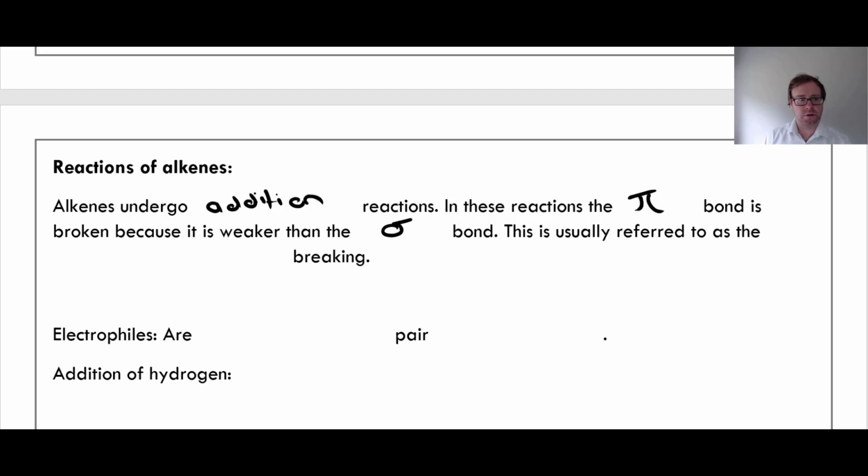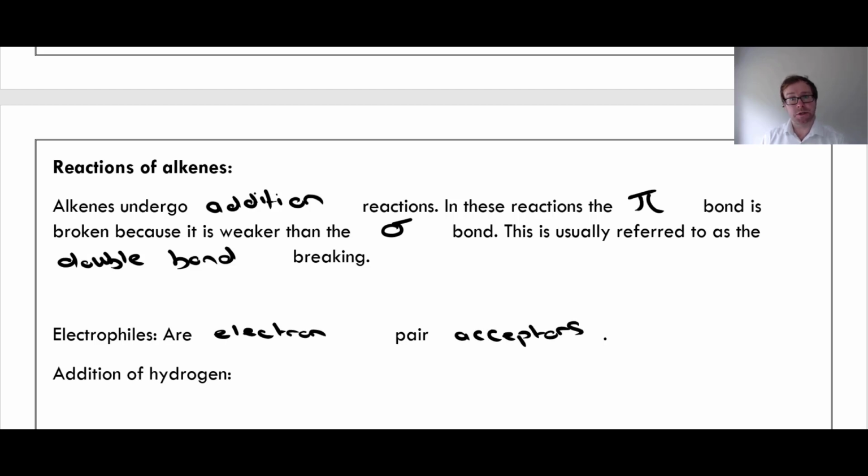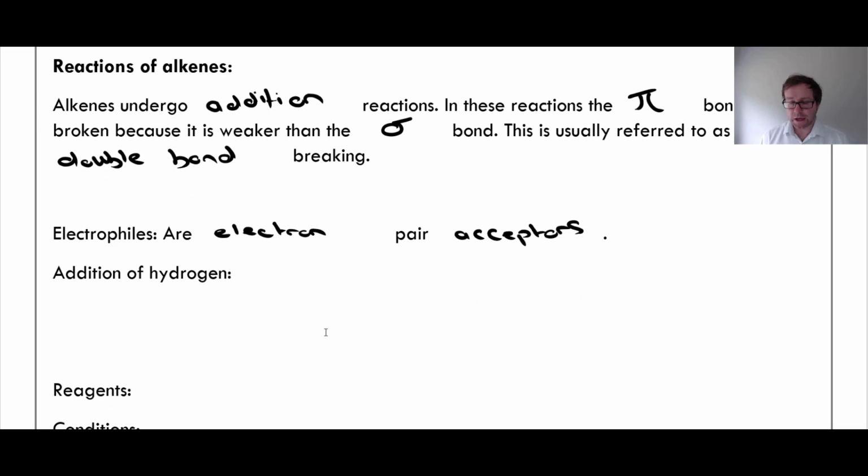This is usually referred to as the double bond breaking. Right, some more definitions. Electrophiles are electron pair acceptors. They can be an atom or they can be a group of atoms, but they like electrons. So they accept pairs of electrons.